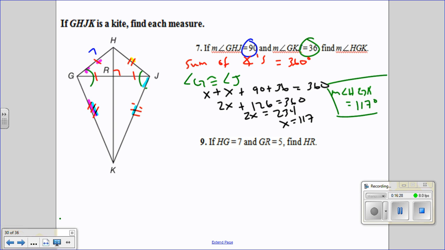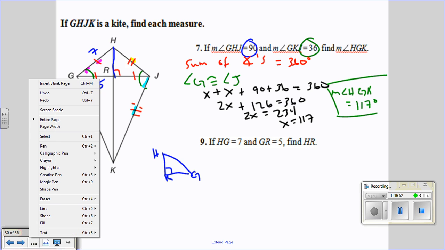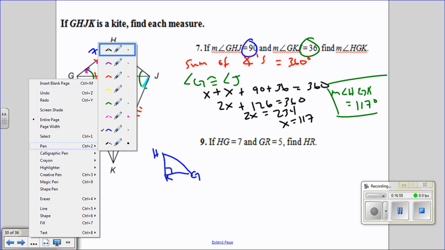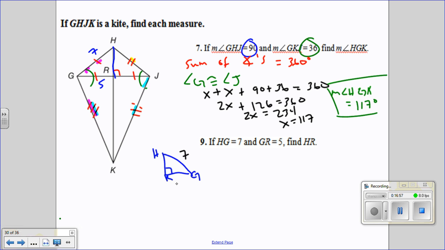HG is this piece here. GR is 5, so it's this segment here. It wants us to find HR, this segment here. So we can separate the right triangle G, R, H. We already know HG is 7. And GR is 5. So we're looking for B.